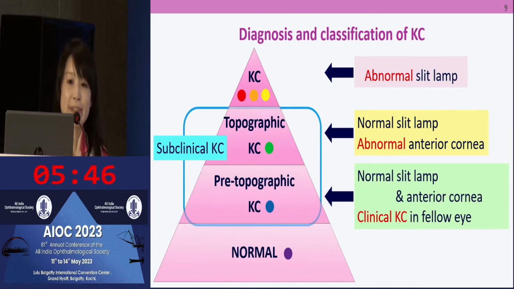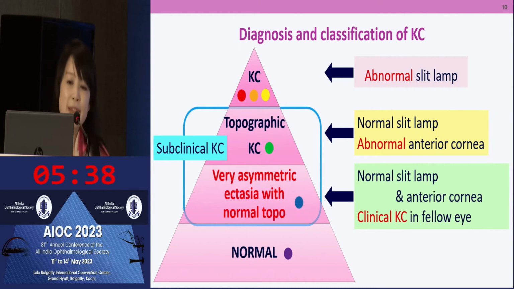So: clinical keratoconus, topographic keratoconus, pre-topographic keratoconus, and normal eye. Sometimes this is called very asymmetric ectasia with normal topography, but right now, I'd like to go with pre-topographic keratoconus.